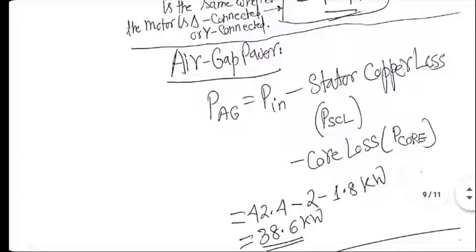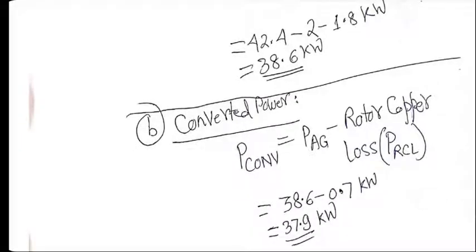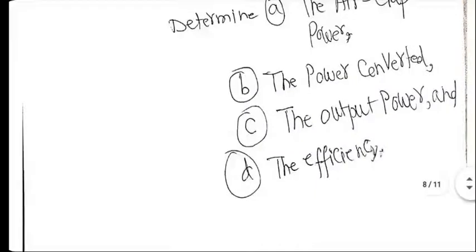Okay, so this is how we calculated the air gap power. Now power converted. That's a very interesting thing also. Power converted will be air gap power minus rotor losses. And rotor also had core losses, but I guess nothing is given. So we can ignore the rotor core loss, but rotor copper loss is given. That has to be included.